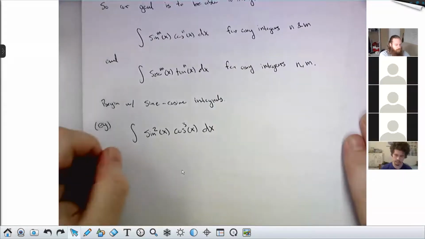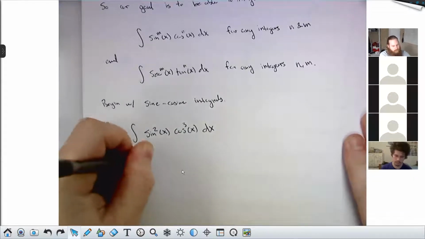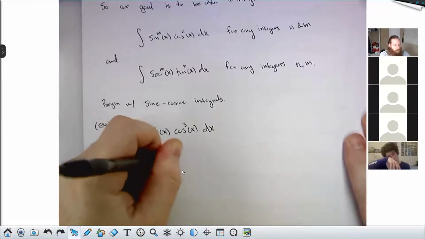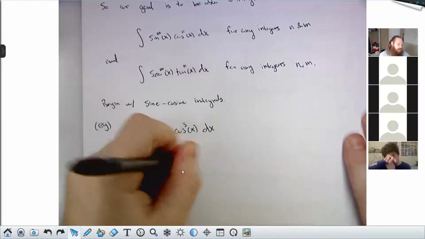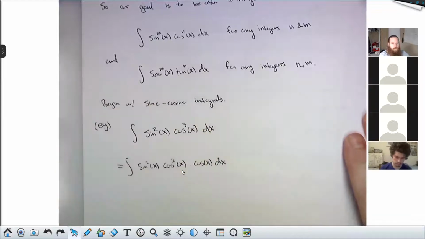Here's how we do it. Sine squared, just chilling. Cos cubed, I will write as cos squared times cos, like so. We all agree that cos cubed of x is cos squared of x times cos of x, right?